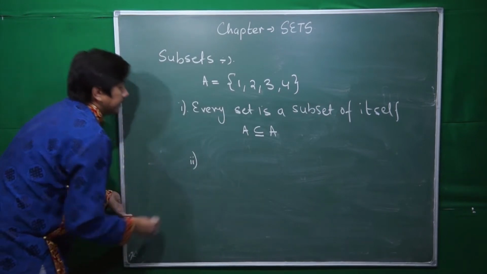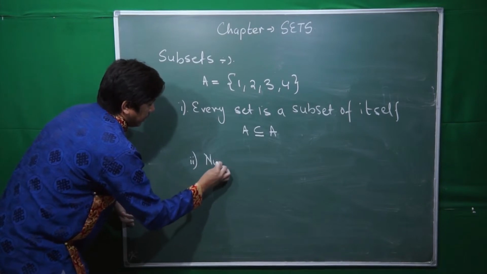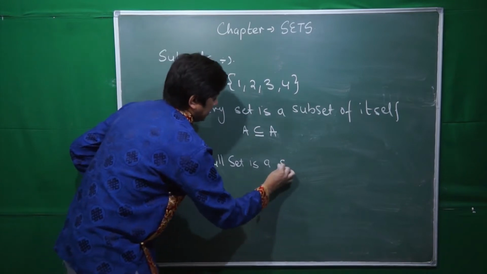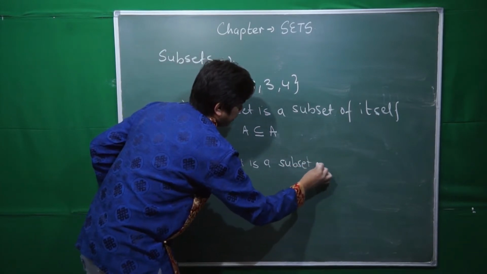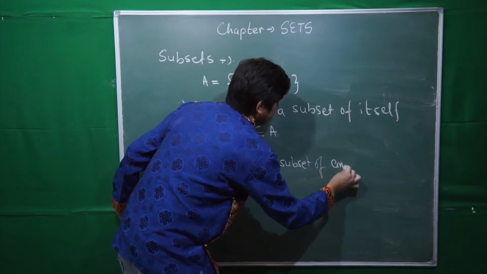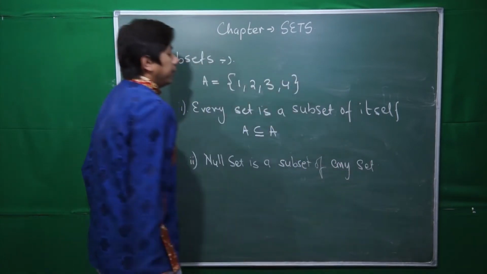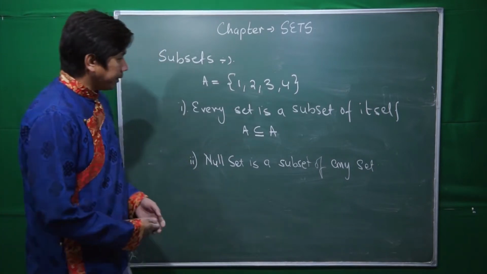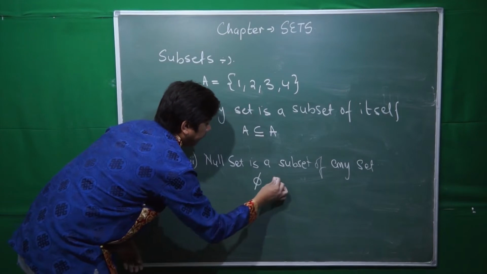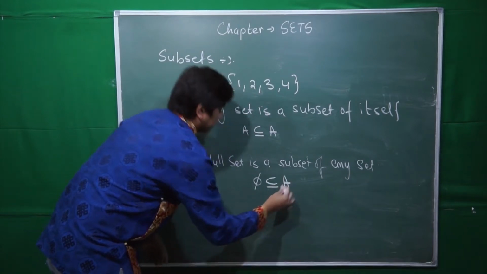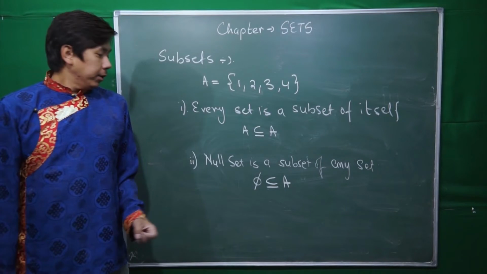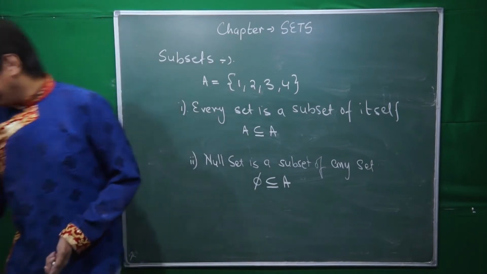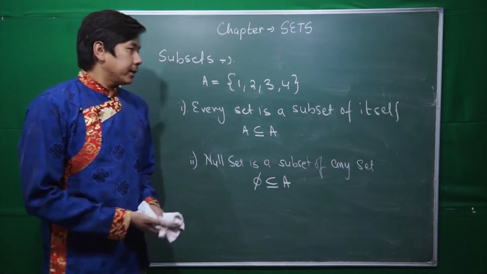Second, we have that the null set is a subset of any set. So, any given set has a subset in the form of a null set. Okay. So, we can write phi is a subset of A in this case. So, keeping these two in mind and the formula to find the number of subsets, we will try to find all the subsets of a given set.